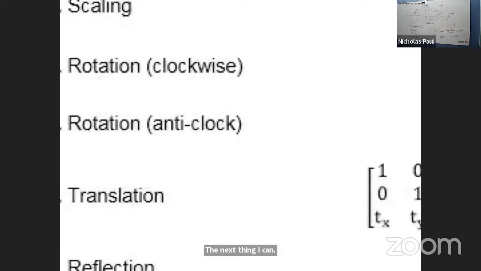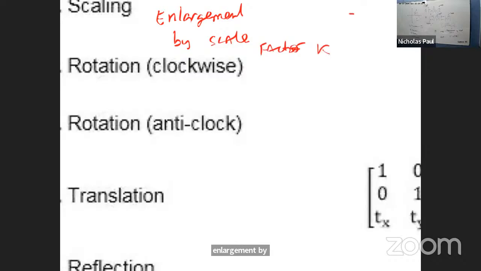Alright, I'll explain again. Write this like this. If it's an enlargement by scale factor of k, you write it like this: k 0 0 k.